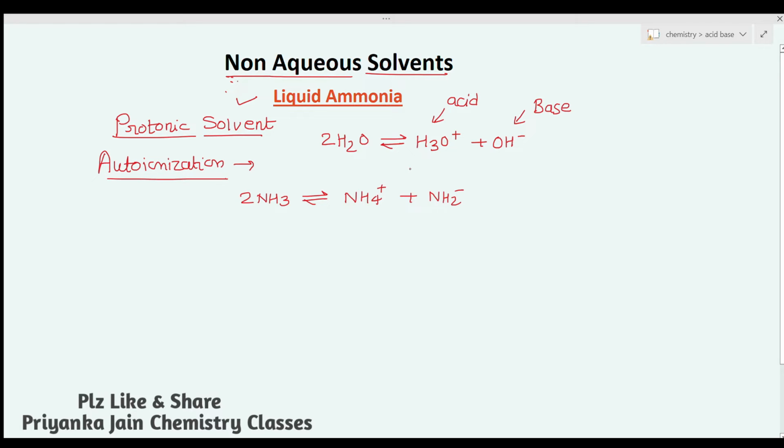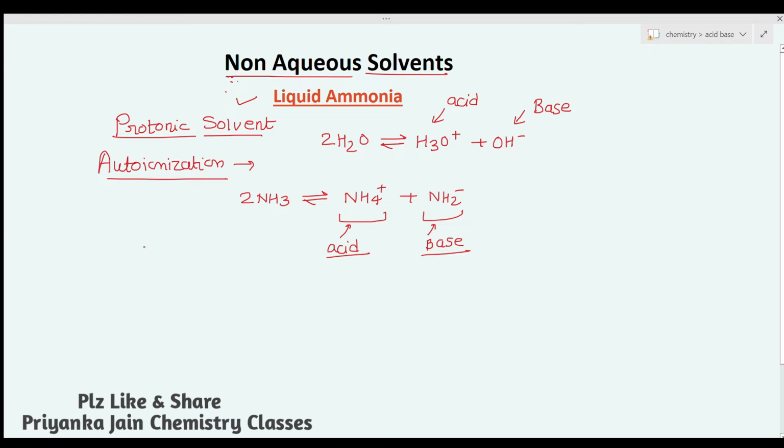Similarly, in liquid NH3, acids are the substances that give NH4 plus ions, and according to the solvent concept, bases are the substances that give NH2 minus ions. By this we can detect acids and bases in liquid NH3.